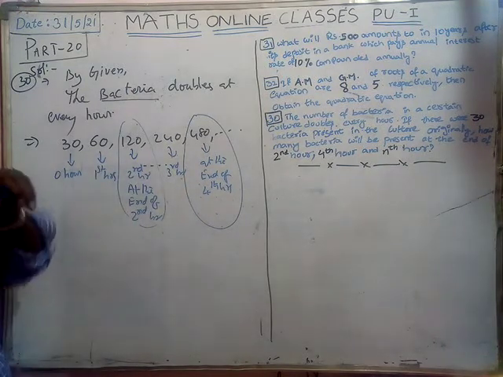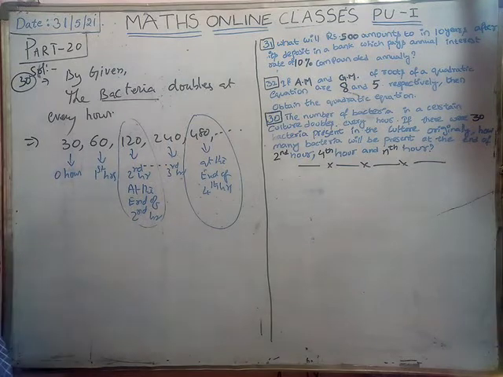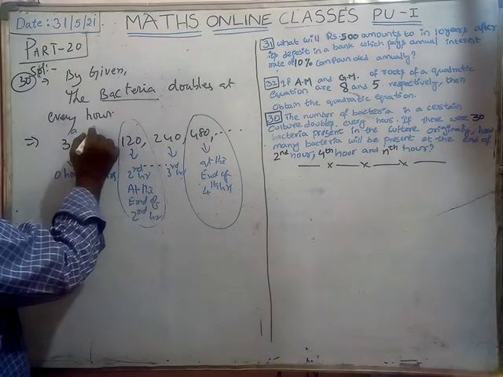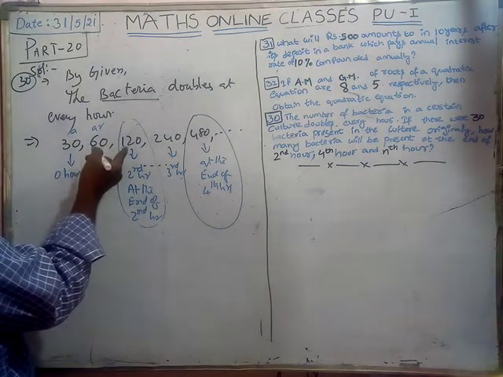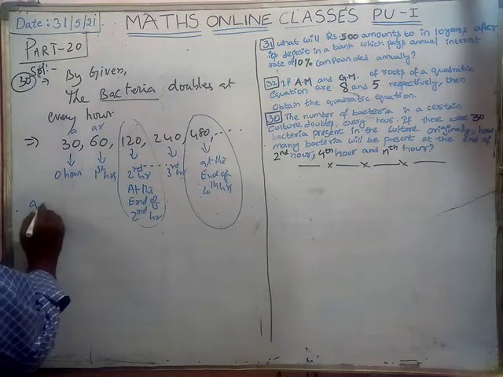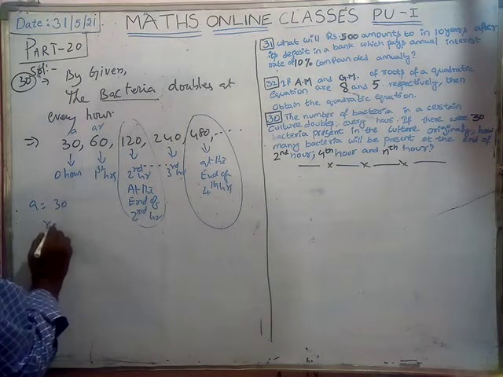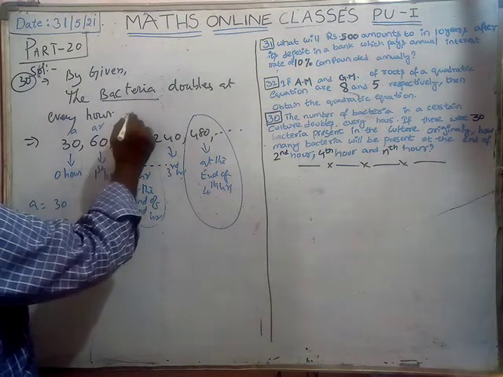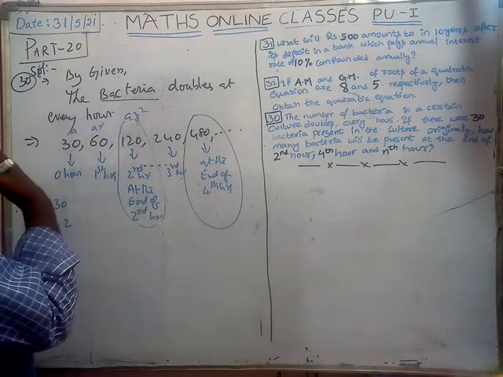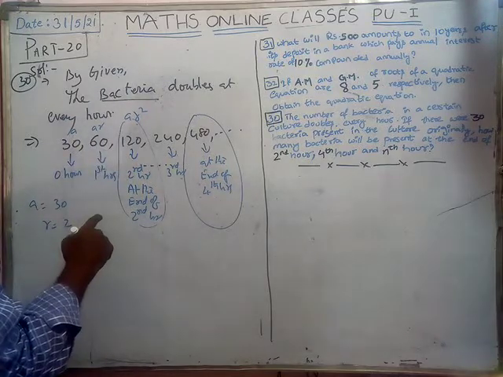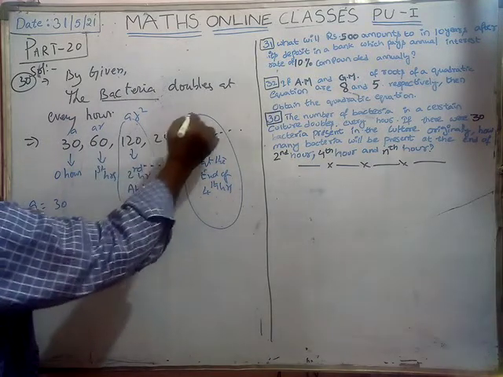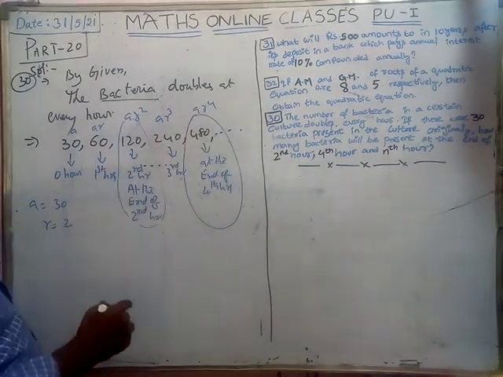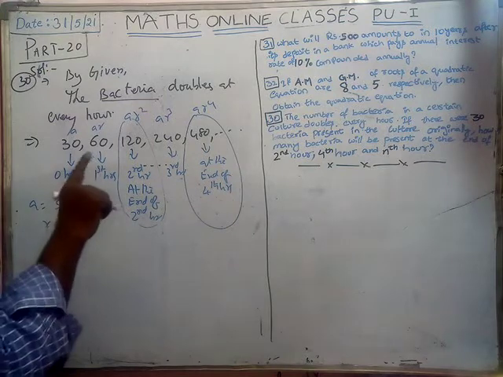And again we are asked at the end of the nth hour. You see that r is equal to 2 here, a is equal to 30, r is equal to the common ratio 2 only. It is doubled, and it is a r square. You agree? So it is a r cube, r power 4. At the end of the fourth hour means not the fourth term.